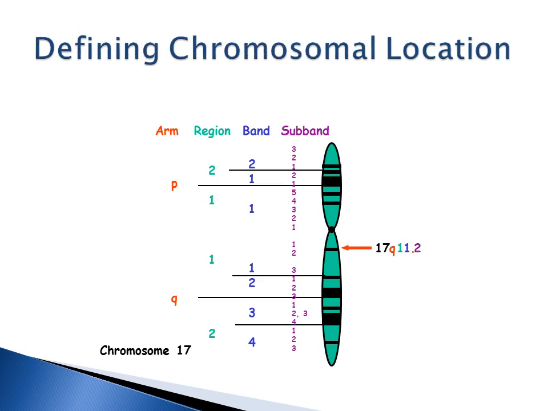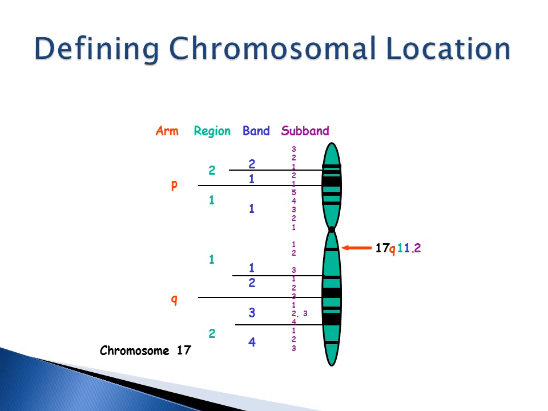So defining your chromosomal location, you have your P arm of your chromosome, your Q arm, your centromere, which is directly in the middle, the pinched in area. You have your various regions of the chromosome. You also have your banding patterns and then your sub-bands.